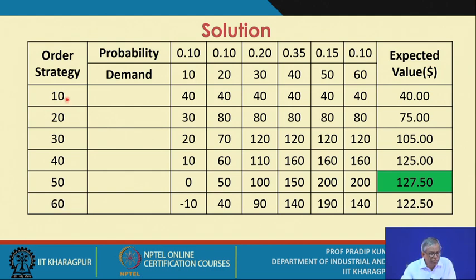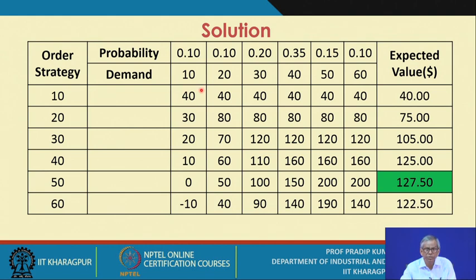Now when you have order quantity 10 and your demand is also 10, how much will you get? That means you are selling at 6 and your ordering cost is around 2. So the purchase cost is 2. So for each unit you are getting a profit of 4. So it is 40.